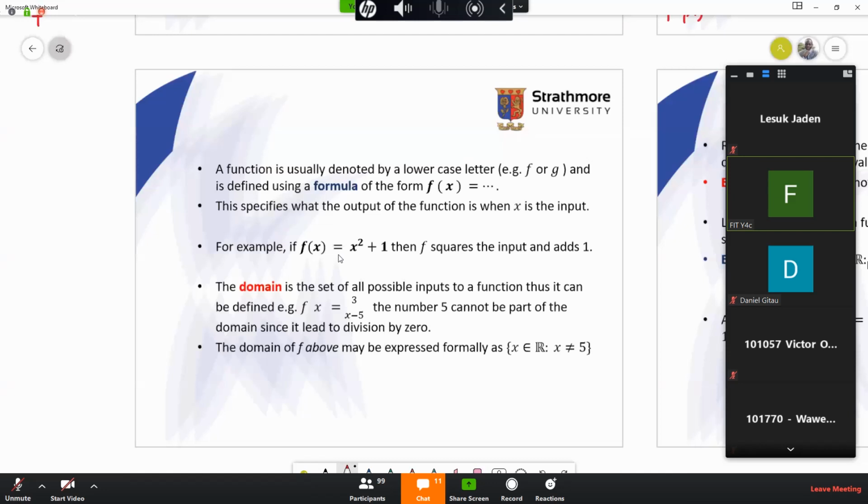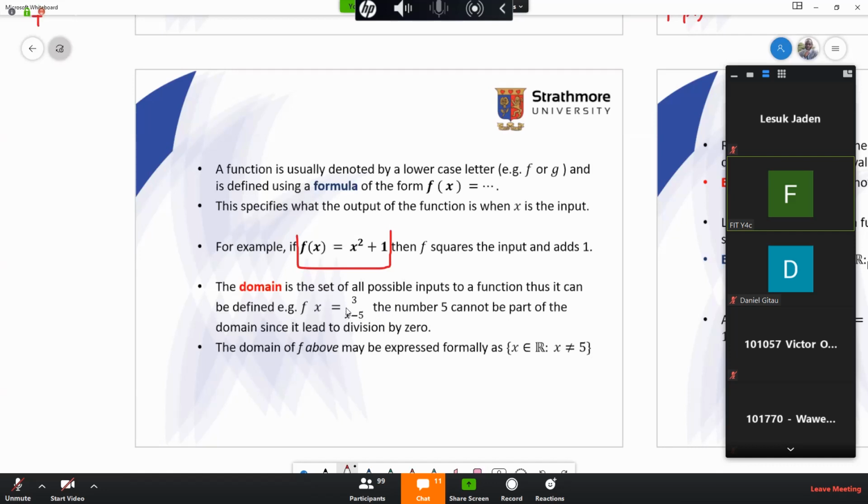The function name is always lowercase, it can be f, g, etc. Then it has a formula. So for example, here we have a function like this, plus 1, where x is independent, and it gives an output. That's how we define a function.